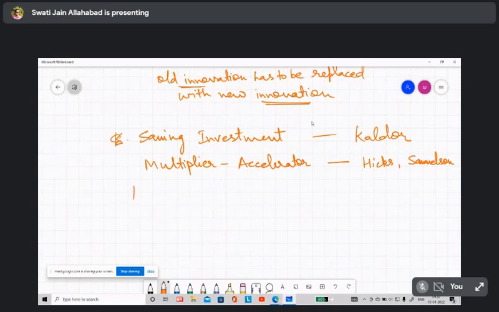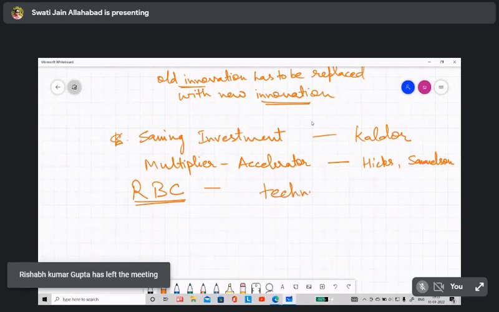Then you have real business cycle theories, RBCs, as they are famous. Now, this is a completely new school of thought for macroeconomics, the real business cycle school, right? So the business cycles are created due to technological shocks.